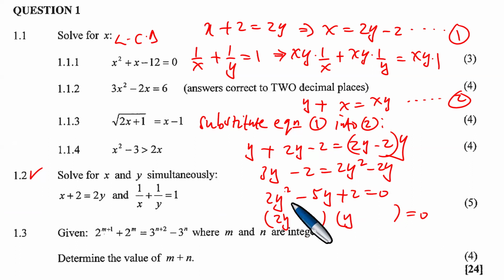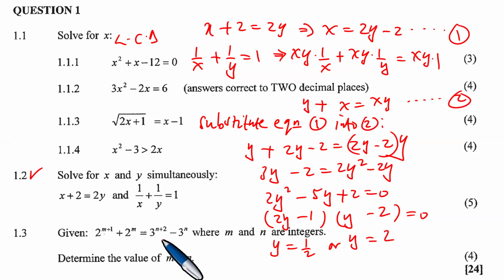Now we are able to see the factors of this expression. Let us think of what the factors are going to be. So you put a minus 2 there, and 1. I'm not going to waste a lot of your time with the factorization. I know you are able to do that one. At this point, we see that y is 1/2, or y equals 2.